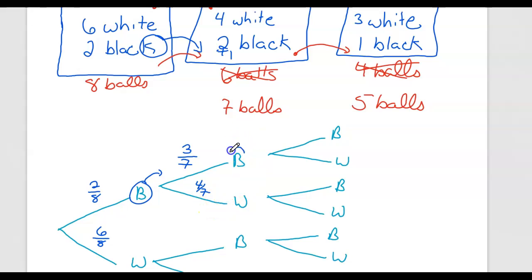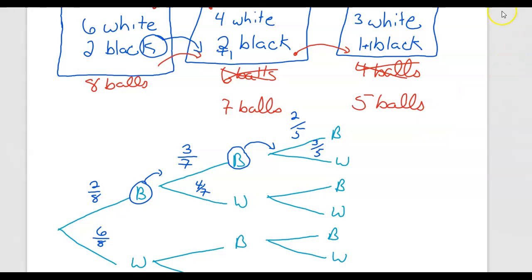Now let's say that I draw another black ball, and I put it here. So that's going to increase my black balls by 1. That increases my denominator to 5. So I now have 2 black balls, but I still have 3 white balls. Now here, we drew a black ball, but now we're going to draw a white ball.